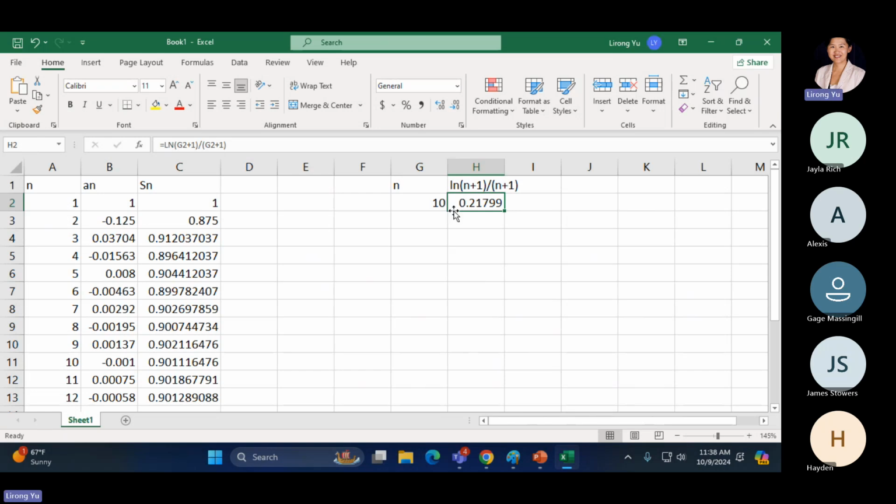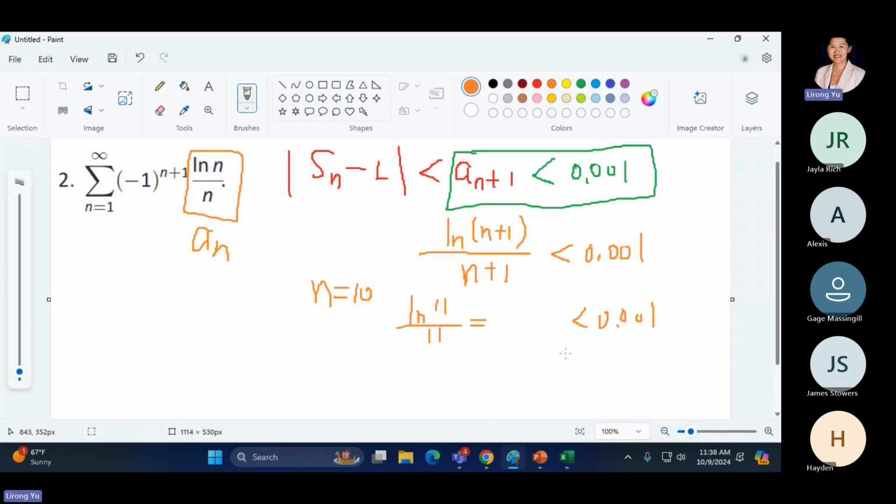So it looks like we do have to increase the quantity. Instead of solving the inequality, I decided to try numbers, because the equation itself has this natural number n in there. We're not solving for n. We know for sure that n is an integer, so you can go 10, 11, 12 until you find an n that makes this less than 0.001. Any question? Are we okay?